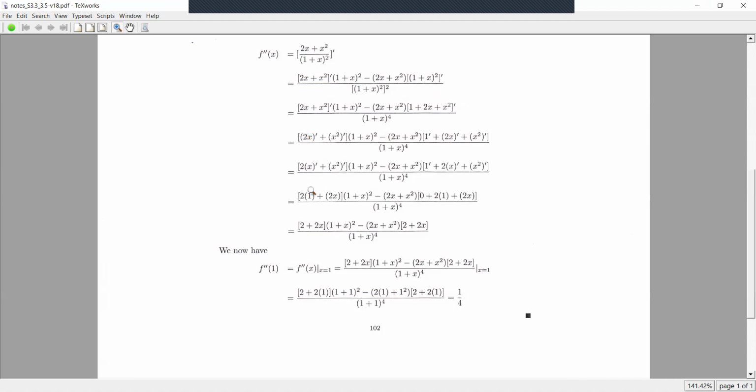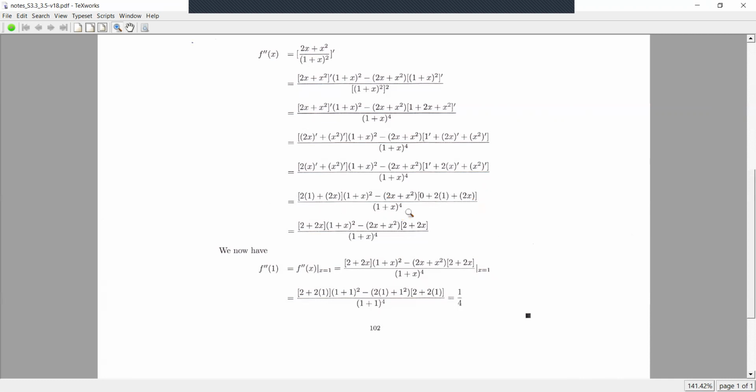The derivative of x is 1. The derivative of x squared is 2x. The derivative of 1 is 0. And the derivative of x is 1. And this is 2x. Then we have this equation.